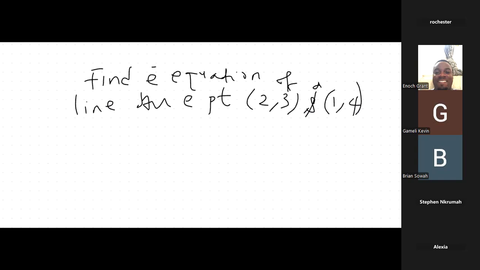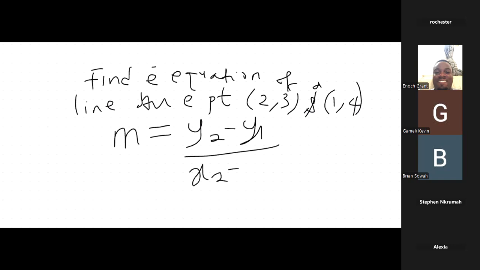We use the formula m equals y2 minus y1 all over x2 minus x1. Is it the same thing as the slope of a line? Yes, that's the slope of a line. You remember when we did that, we said m is the same as the slope or the gradient of a line. They are the same. If you don't say gradient, you say slope.